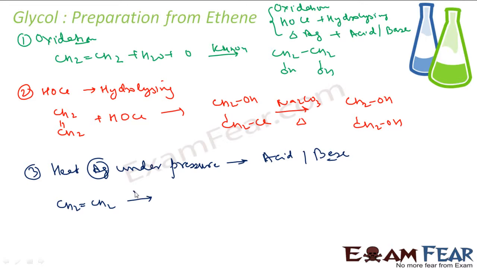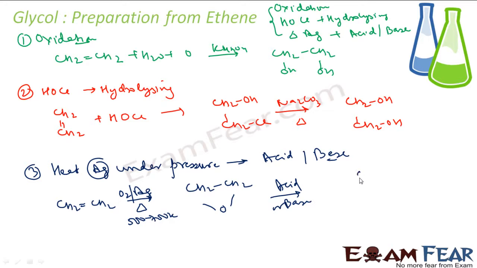Under pressure I have to heat, obviously in presence of oxygen, at high temperature, maybe 500 to 700 Kelvin. So I get CH2, CH2, and oxygen will come here. Now I can treat with acid or base, whatever I want. I'll get CH2OH.